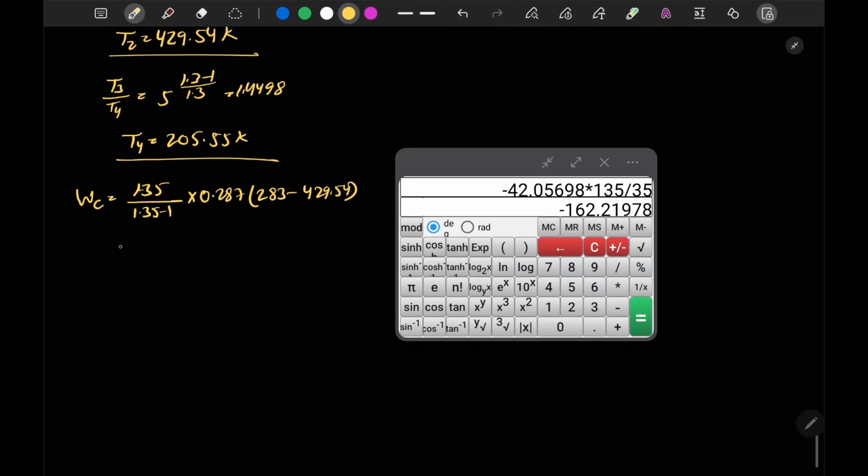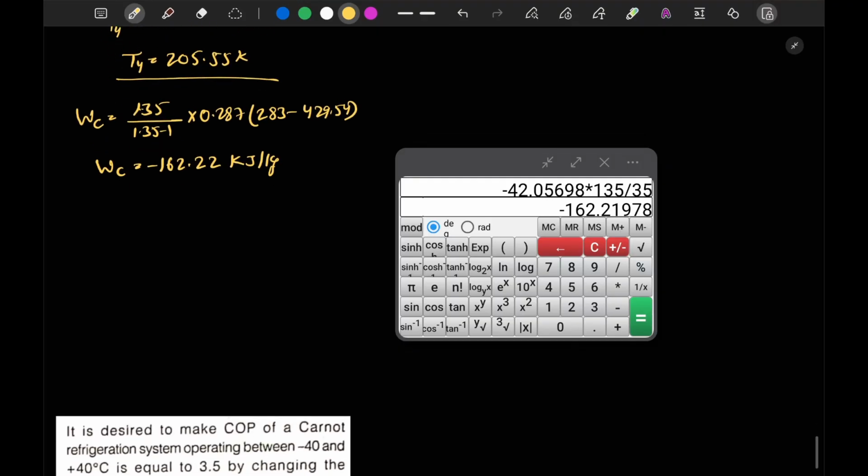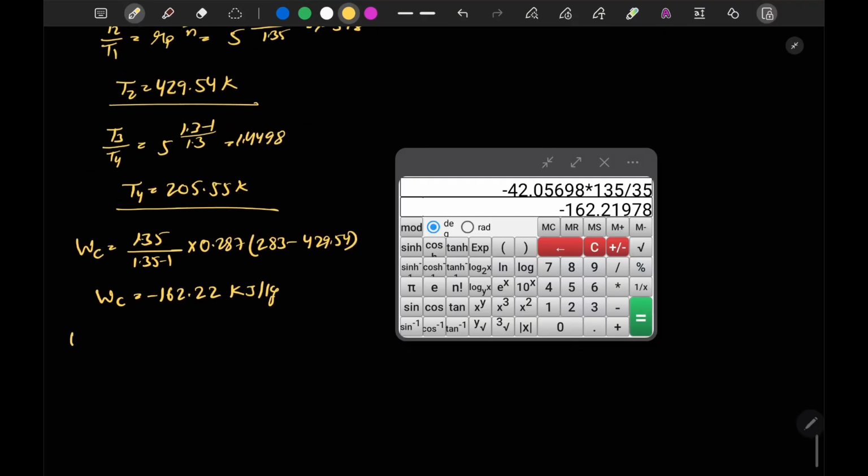I have obtained the work done by the compressor is equal to minus 162.22 kilojoule per kg. Since it is a compressor, it is negative, showing that this work is supplied to the compressor.